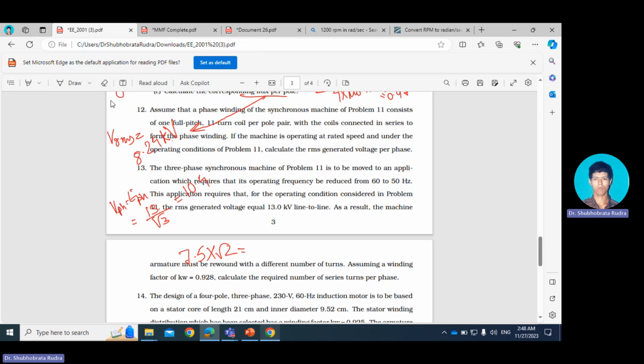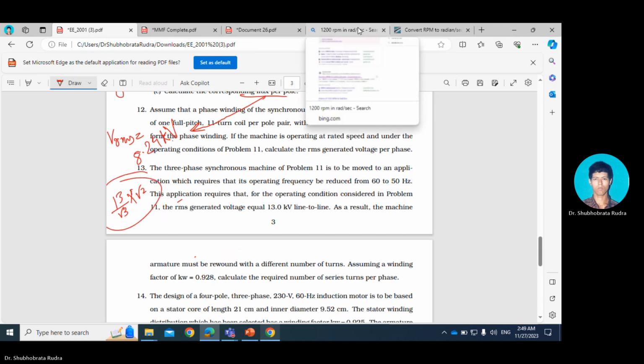We need thirteen kV line to line. Therefore, you can figure out the value.